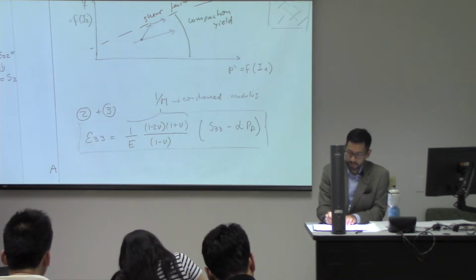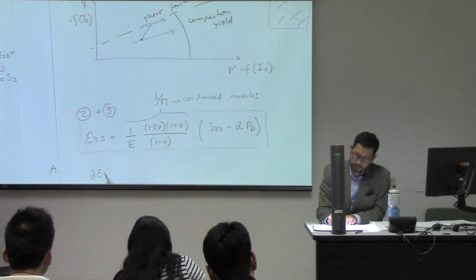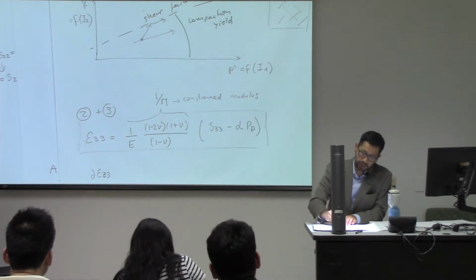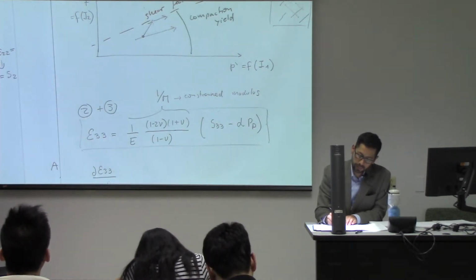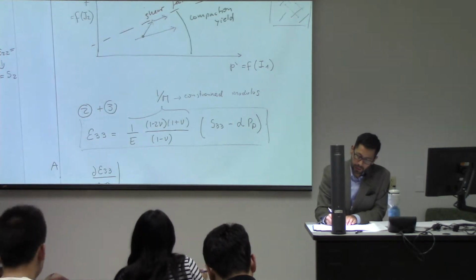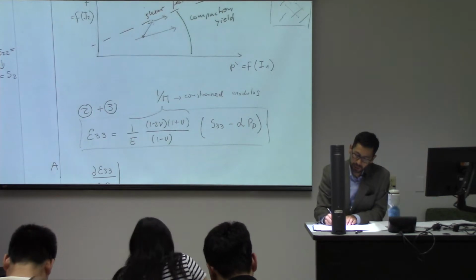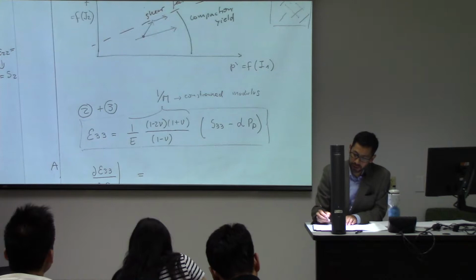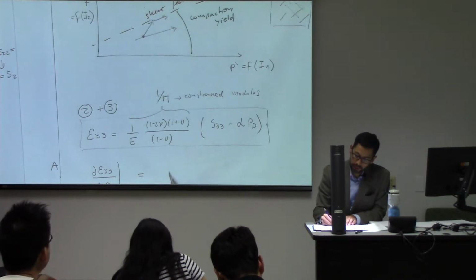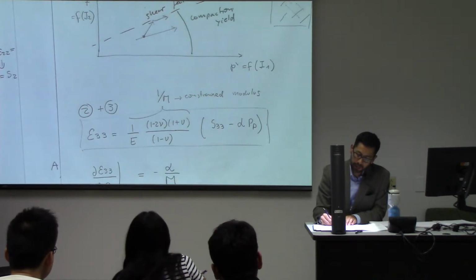And from here, I can also obtain that the variation in deformation in vertical direction as I deplete, with pore pressure varying and no change in overburden stress, is going to be equal simply to alpha divided by m.